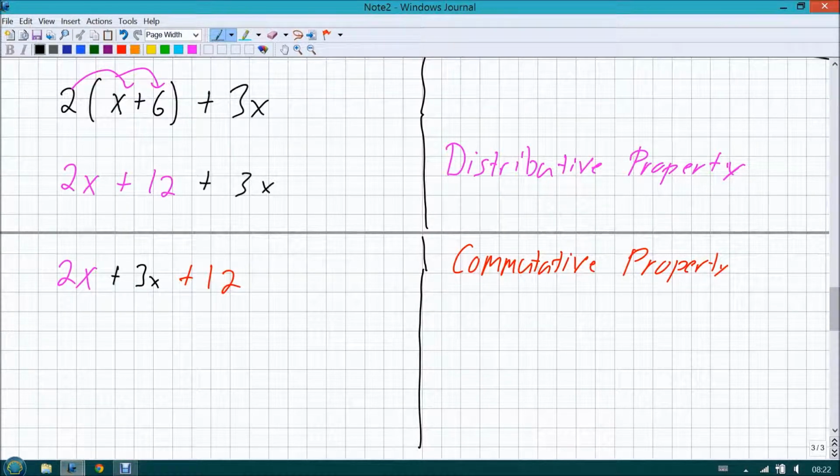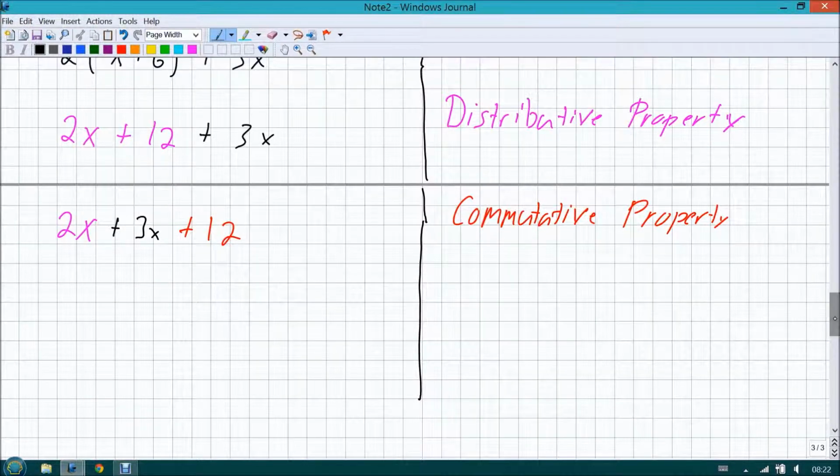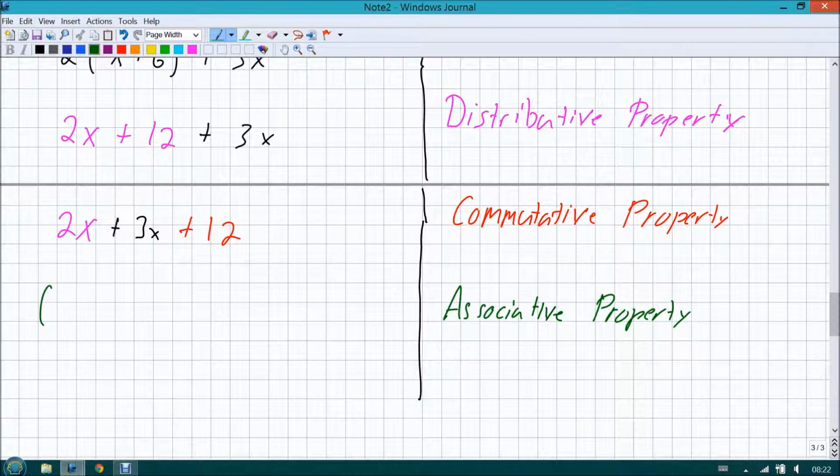Now I need to use the associative property to associate two of these together. So on my next line, I'm going to call it the associative property. And the associative property is going to let me say, all right, I want the 2x and the 3x to be combined, and we're going to leave the plus 12 all on its own.